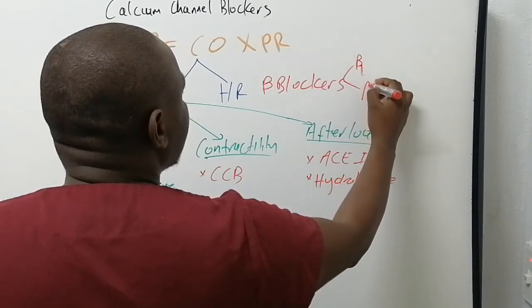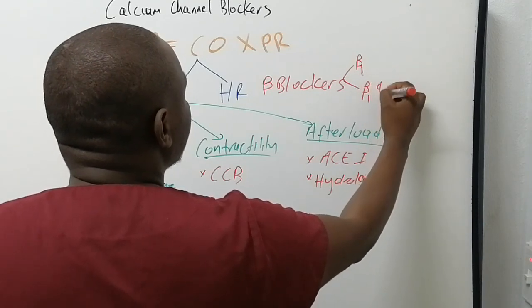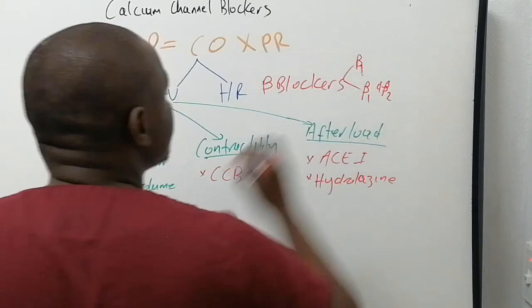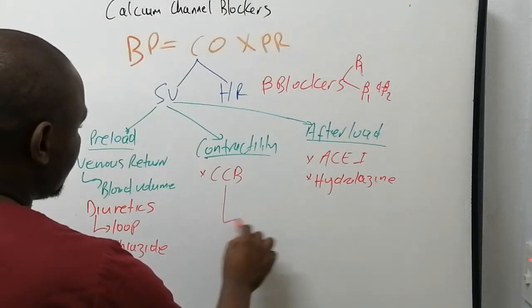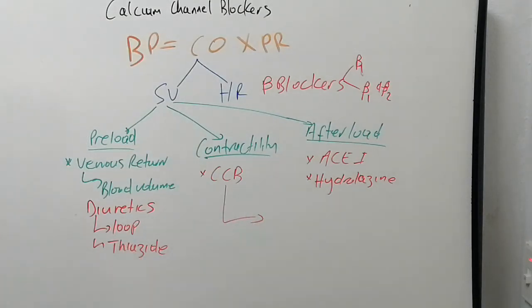Then there are those that target beta 1 and beta 2 receptors, right? Okay, now that we have this, this is what we want to talk about, calcium channel blockers. So I'm gonna clear this and then we zoom into calcium channel blockers.